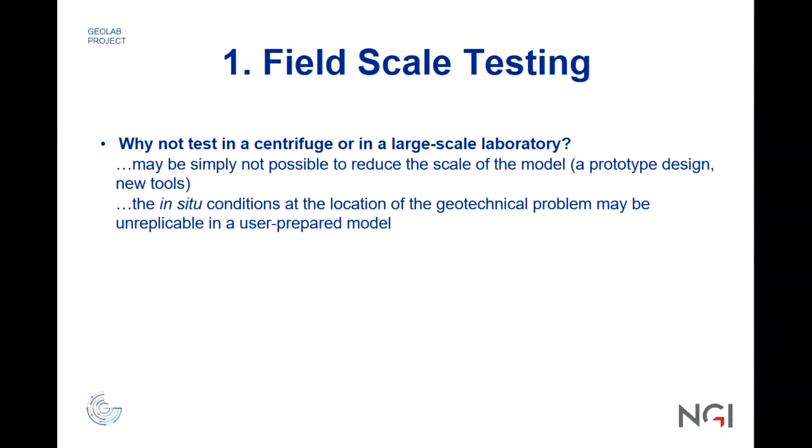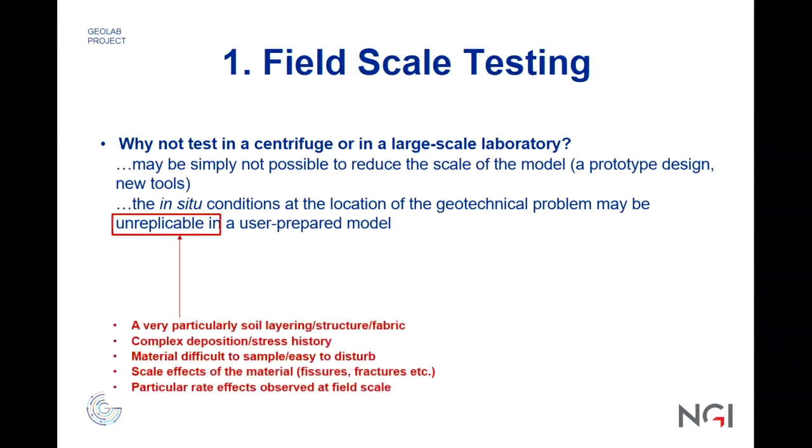And this is maybe the main reason, because real soil in the natural environment is often very complex, with layers, structures, fabrics, and deposition and stress histories. It's not easy to sample or prepare it in a test pit or a centrifuge, and it's very easy to disturb, which changes its characteristics completely when you test.